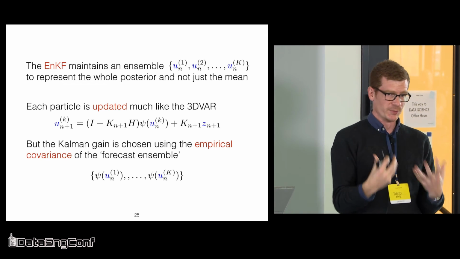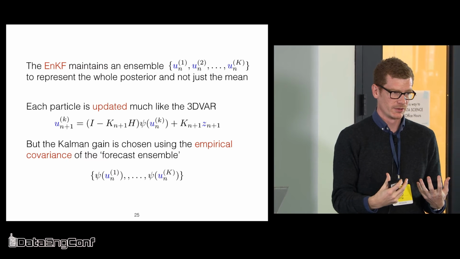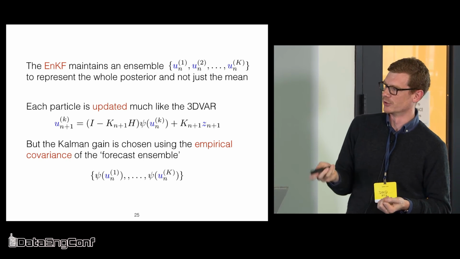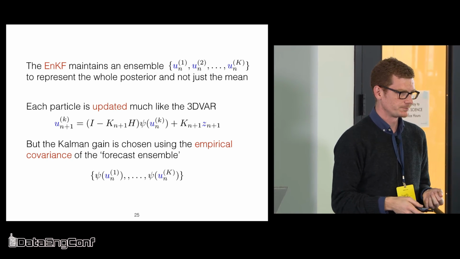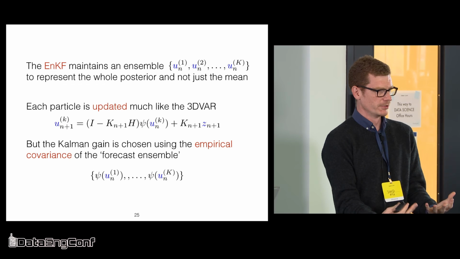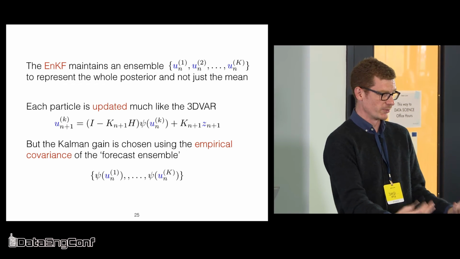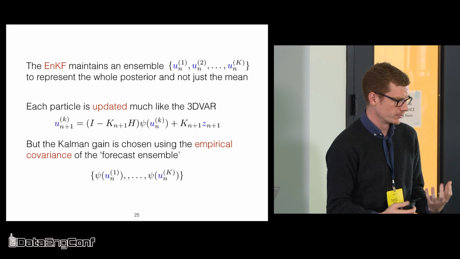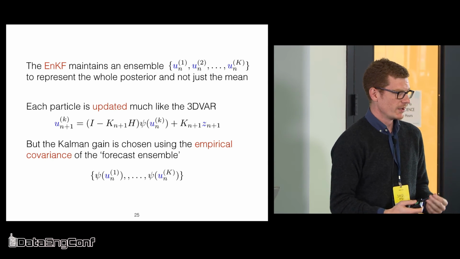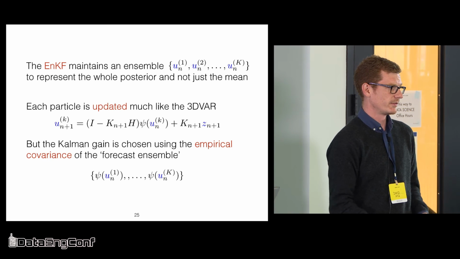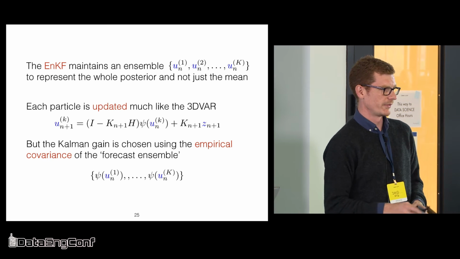But if we have an ensemble of particles, we can use that ensemble to say something about the covariance. So you take your ensemble, you flow it forward under your model. This tells you something about how much you trust your model. It tells you something about the covariance of your model. So you take that empirical covariance from the ensemble, and you feed it into the Kalman formulas as if it was the real covariance. And that's what you do. That's an ensemble Kalman filter.